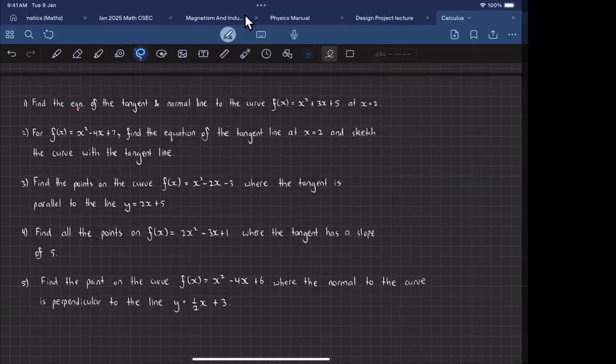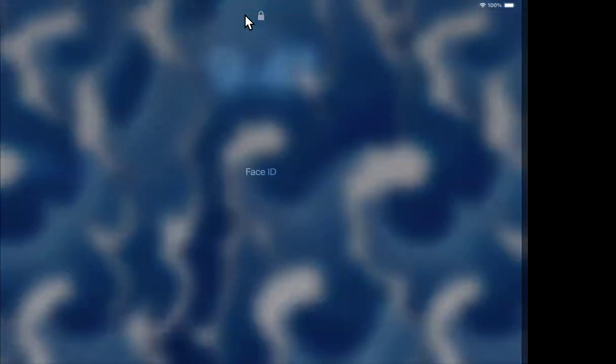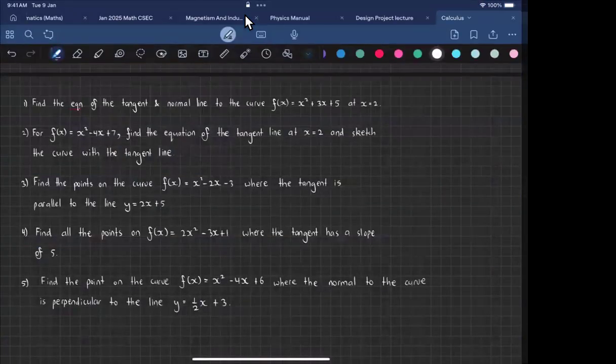But f of x is another way to write what? I could write a function like y is equal to 5x, or I could write f of x is equal to 5x. So f of x basically means y. Yes, it is y. So you could find y, so you could find the point.